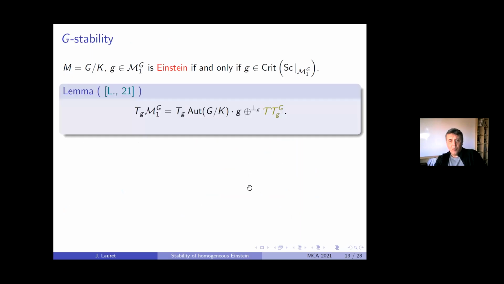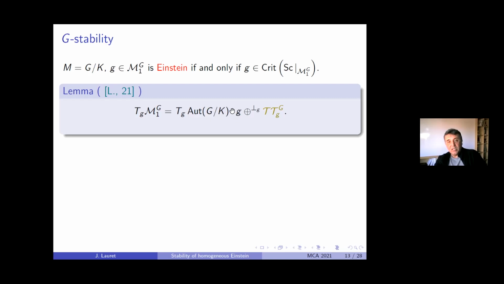And so, well, we first have this lemma, which is what is the tangent space, to apply now the Hessian. And we have this, that what we get is just, you take now the G invariant TT tensors, and then the orthogonal complement is just these are trivial variations now, but of course you cannot act with any diffeomorphism.